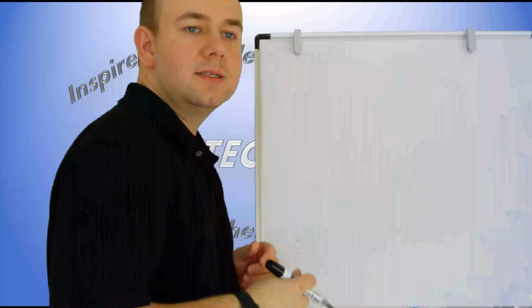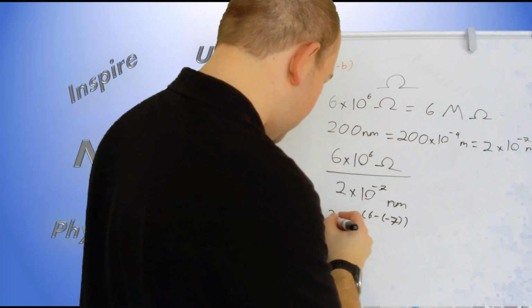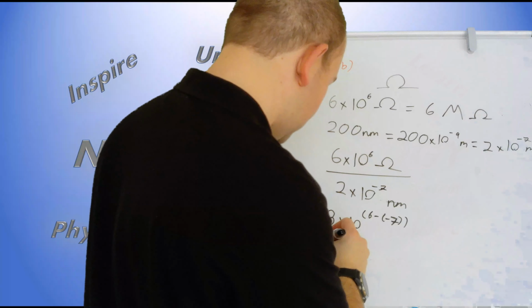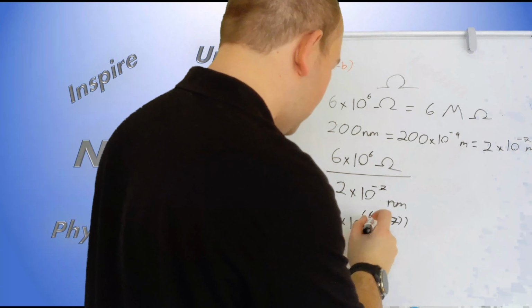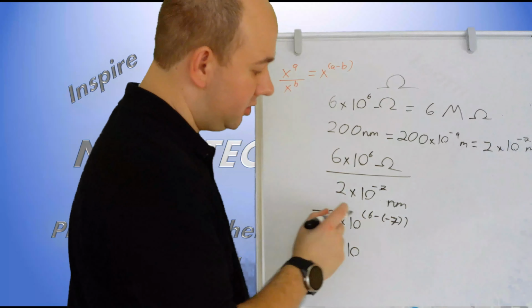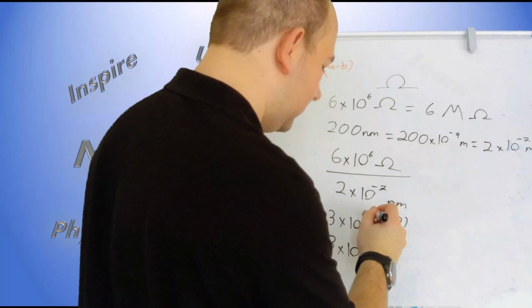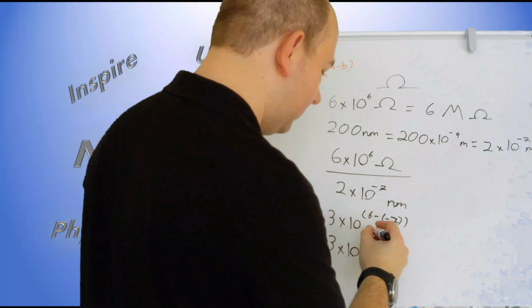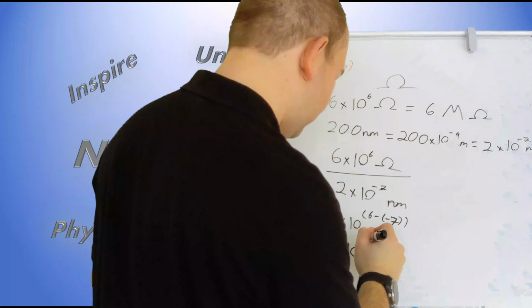I'm just going to put a little cross across the 7 just to identify that as 7, so you don't get confused with the brackets. And then we can work this through. So 3 times 10. When you've got two negatives next to each other, that becomes a positive. So you've got 6 actually plus 7, so that is equal to 13.